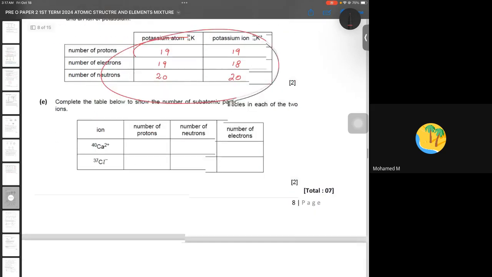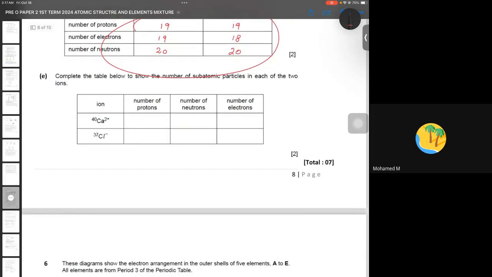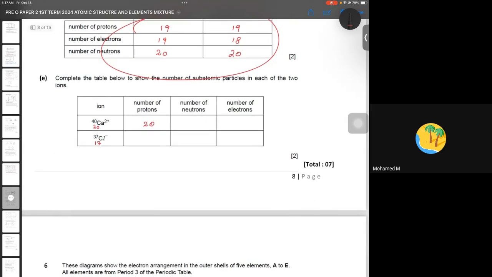Now see this. Calcium 2 plus. Obviously, the proton number is 20 and the other proton number is 17, if you check the periodic table. How many protons does calcium have? 20.